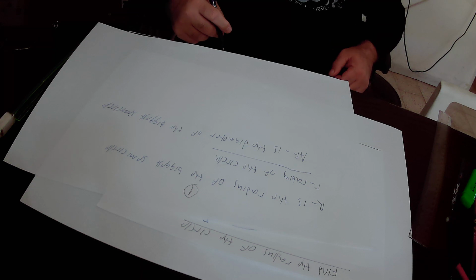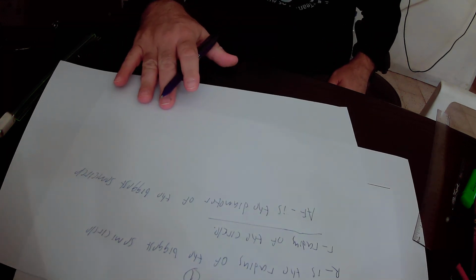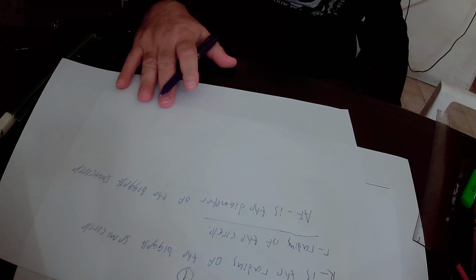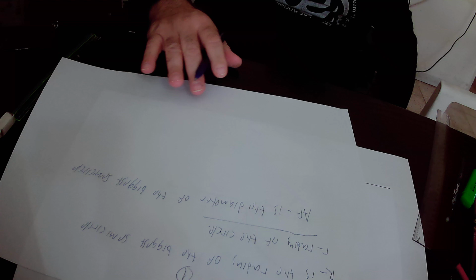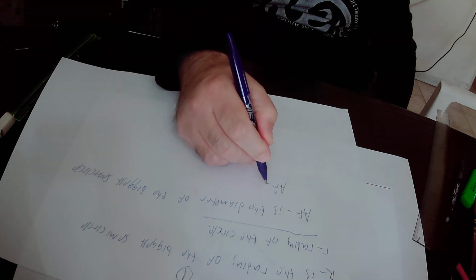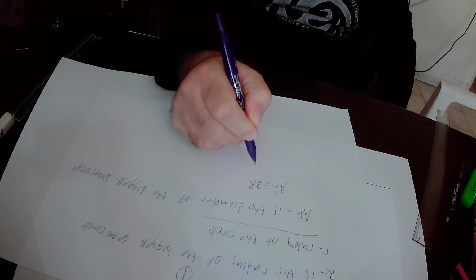The diameter of any semicircle is equal to 2 times the radius of that semicircle. So AF equals 2 times the radius of the biggest semicircle. That is actually 2 times capital R.